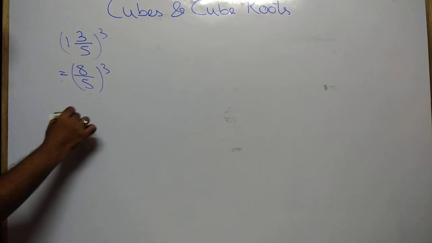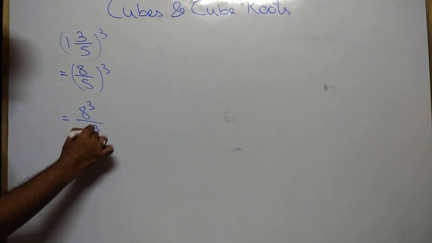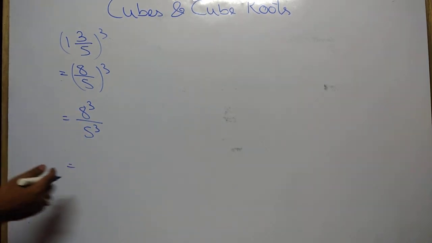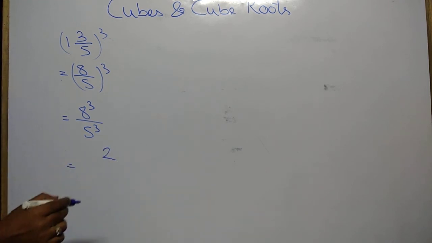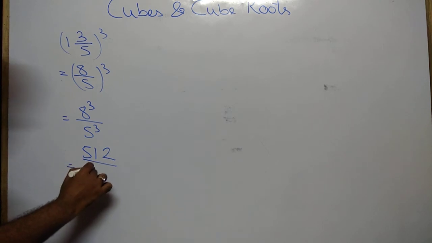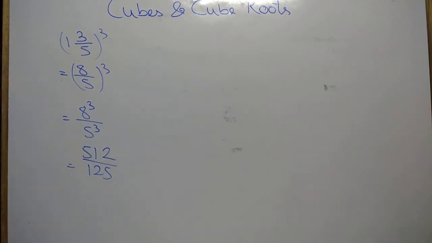We are going to find out 8 cubed by 5 to the power 3. 8 eights are 64, 64 times 8 is 512. So 512 by 125. This is the cube. If you wish, you can convert it into a mixed fraction.